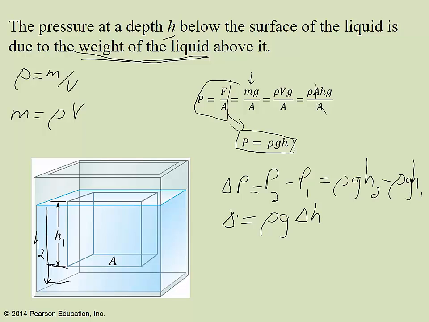So the change in pressure is really rho g delta h. So essentially, as long as the density of a fluid doesn't change with depth, the pressure is proportional to the depth of the liquid. These are things to keep in mind once we start looking at particular situations of different depths of liquids with things in them.